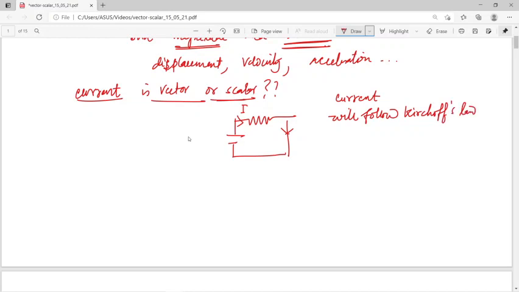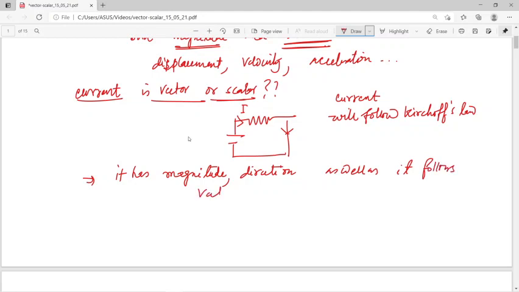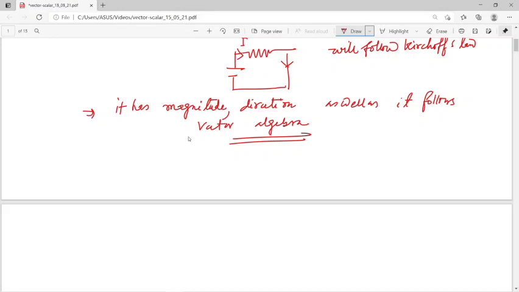But if it were a vector, it would have magnitude, direction, and it would also follow vector algebra. It should follow the vector algebra. That is the main thing that you should know.